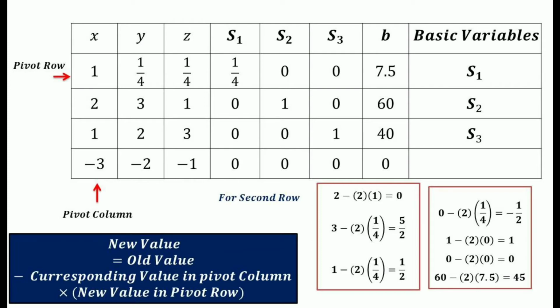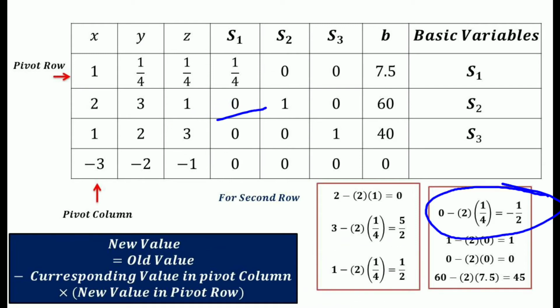Similarly, take the second value, that is 3 minus the corresponding value in the pivot column, which is 2, into the new value in the pivot row, that is 1 upon 4. So 3 minus 2 into 1 upon 4, which is equal to 5 upon 2. Similarly, for the third element, that is 1 minus 2 into 1 upon 4, which is equal to 1 upon 2.